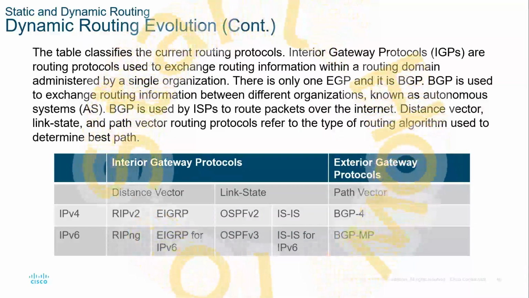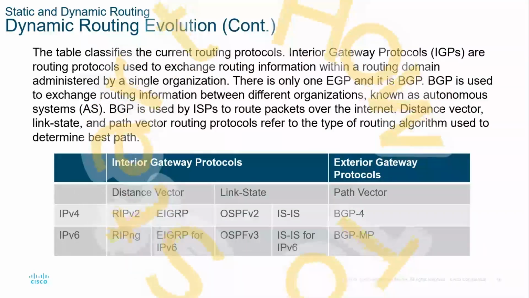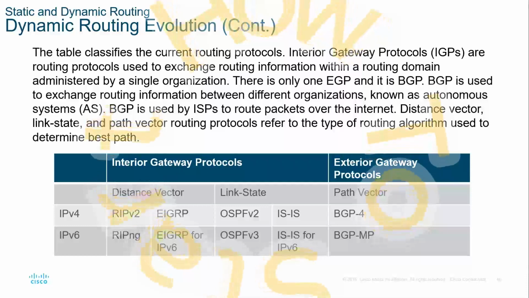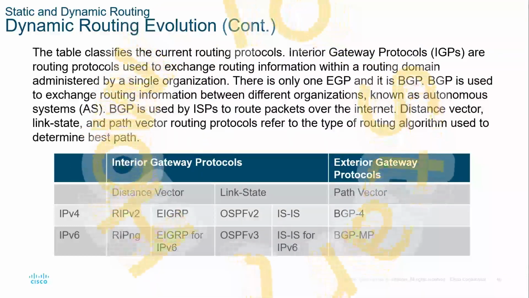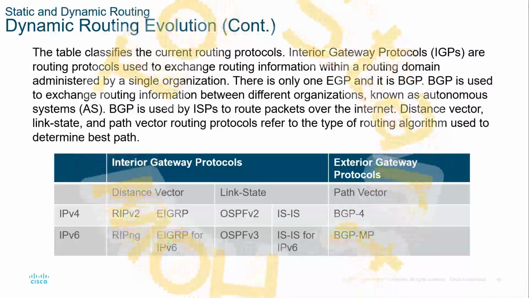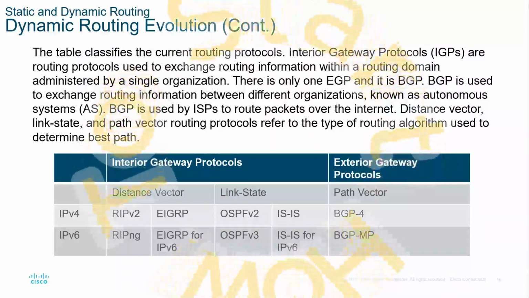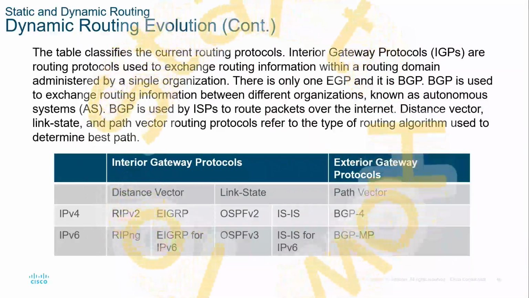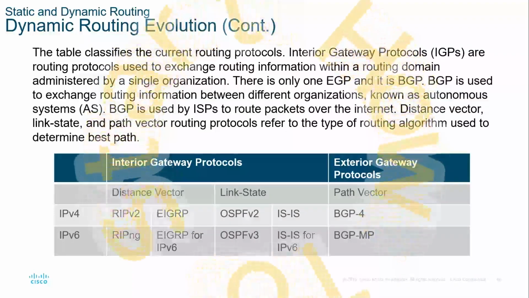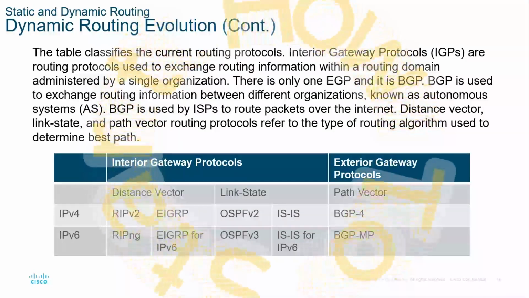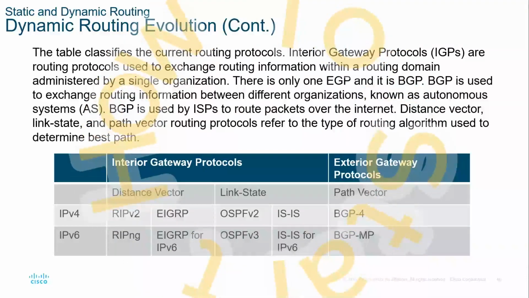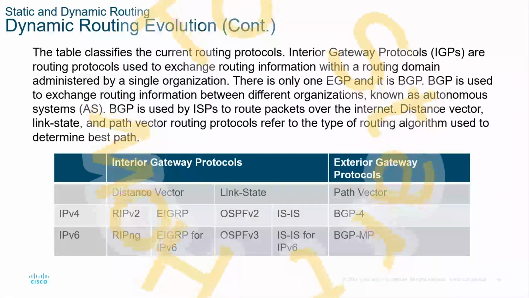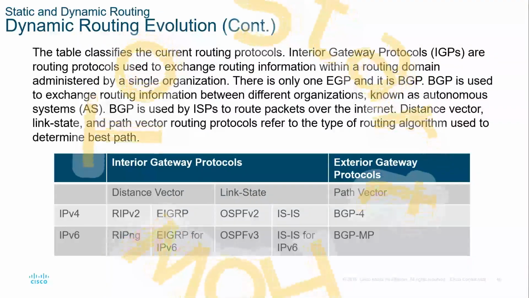So I'm going to start with EGP because it's kind of the easiest. For IPv4, BGP is the main routing protocol that runs the internet. BGP is an exterior gateway protocol typically. I say typically because BGP can also be an interior gateway protocol, but that's part of the Cisco CCNP track and outside the scope of this exam.